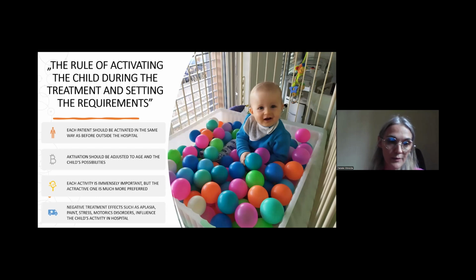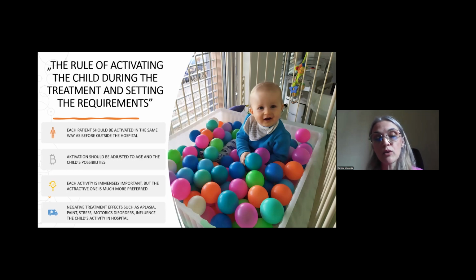So we have to prepare our snoezelen room so that it is safe for everyone. Each activity is immensely important, but the attractive one is much more preferred. We know that playing is the best activation for children, so we try to make everything we do as therapists very attractive for everyone.